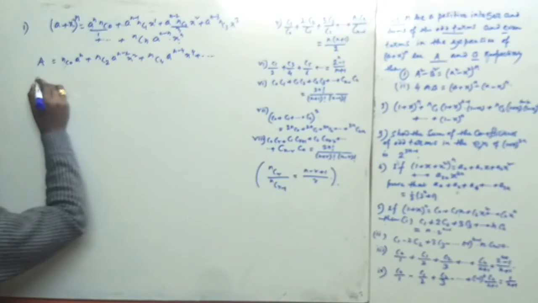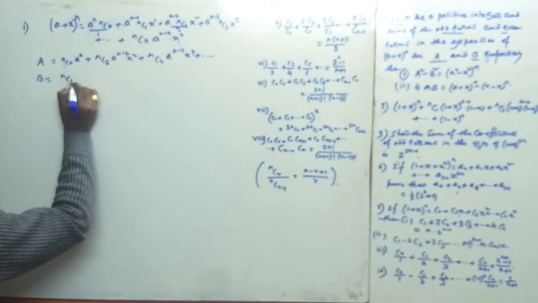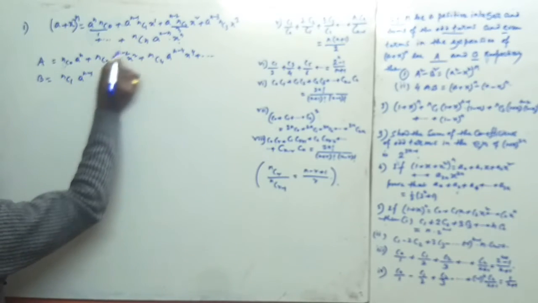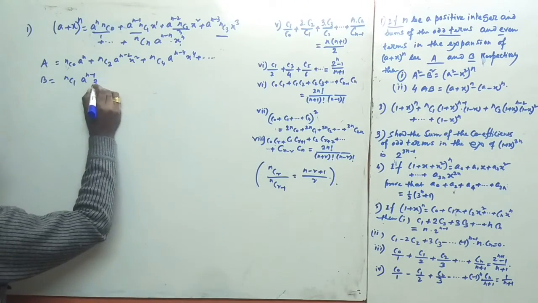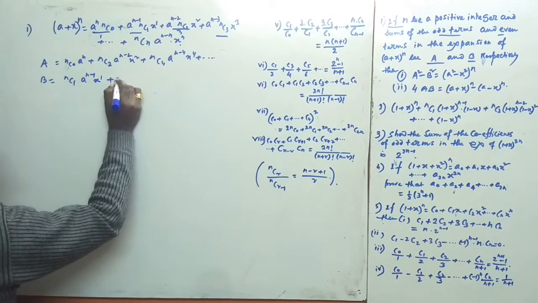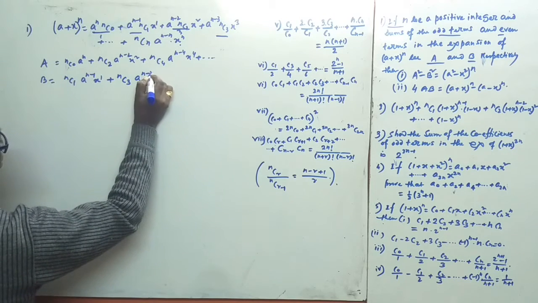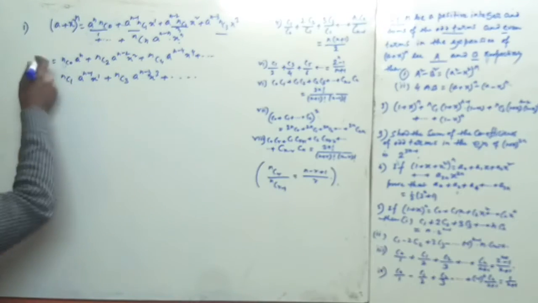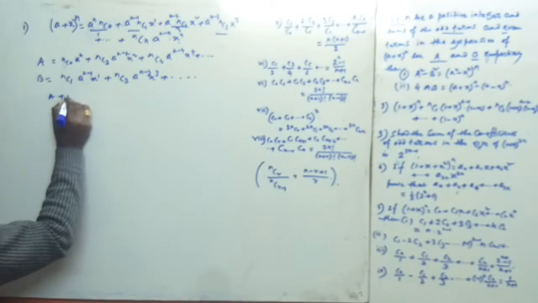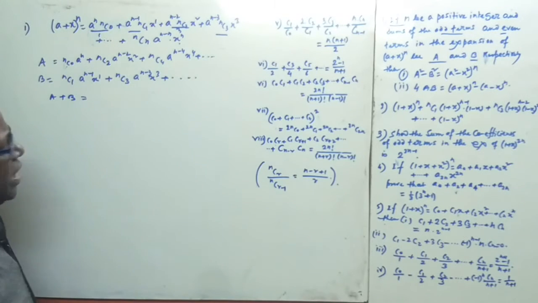And B here is the sum of the even terms, the second term, the fourth term, that is nC1 a to the power n minus 1 and x to the power 1, and nC3 a to the power n minus 3 x to the power 3, and so on.